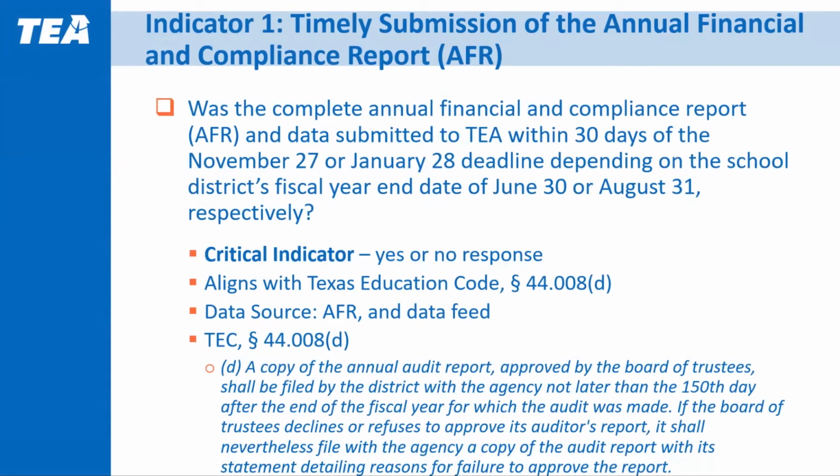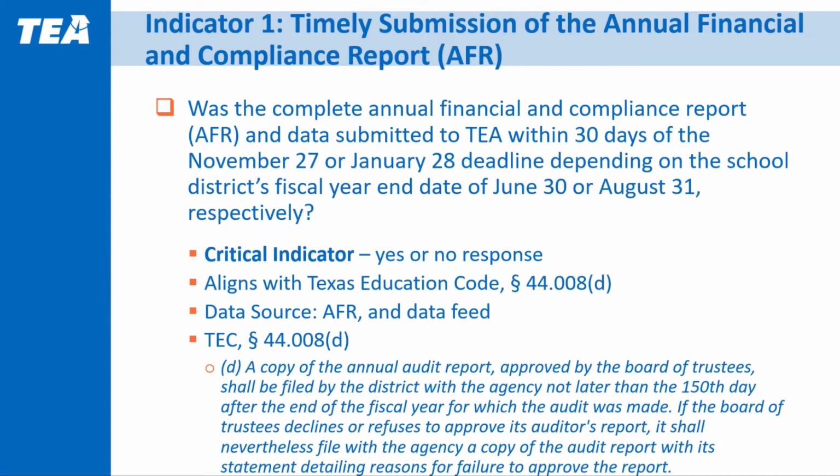And so we extended the June 30s to a deadline of January 28th. So if you're a June 30, you received the waiver and you had to request that waiver before your audit was due, you got an extension to January 28th.